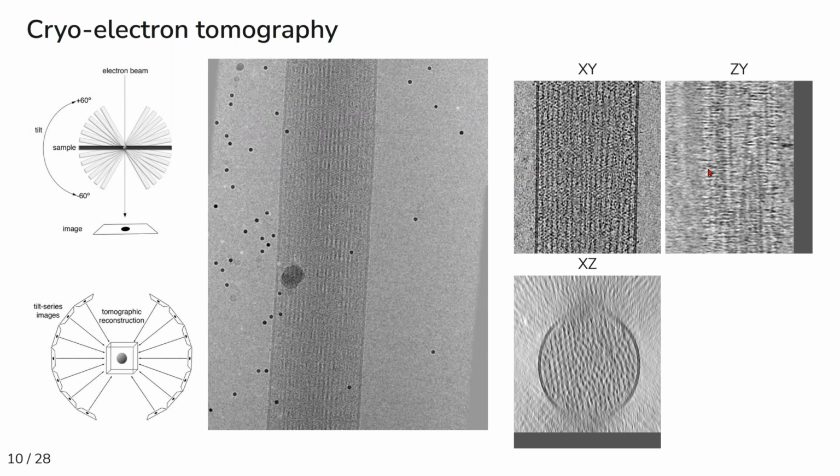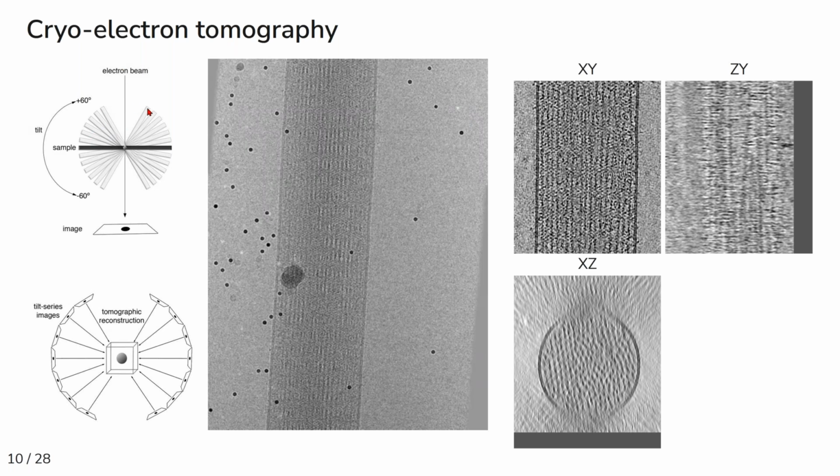What you might notice is that of these different views, the XY looks way clearer than the other two. This is due to a phenomenon that's really important in tomography, and a major problem: the missing wedge. As you can see here, we cannot really tilt our sample to 90 degrees because then the electron beam would be completely stopped.